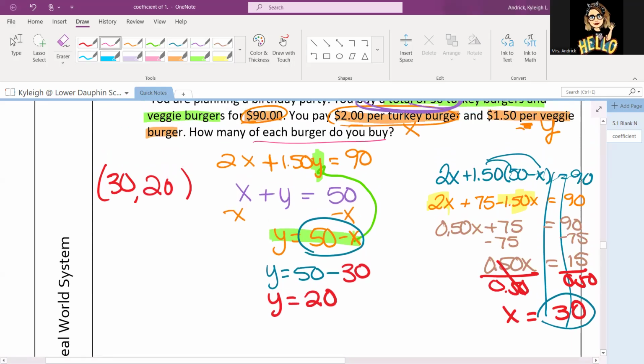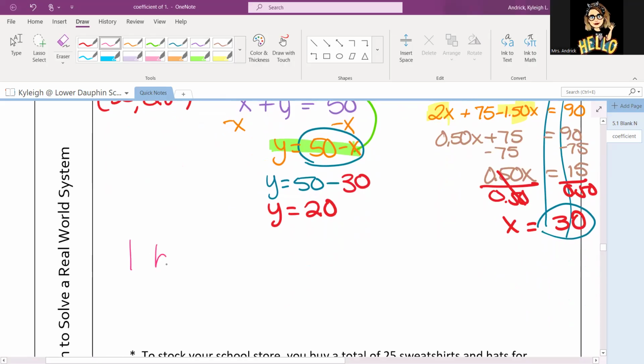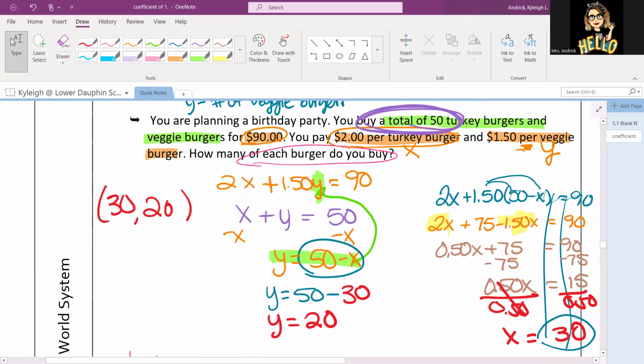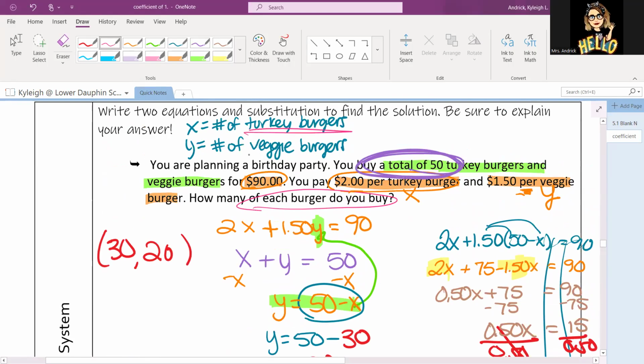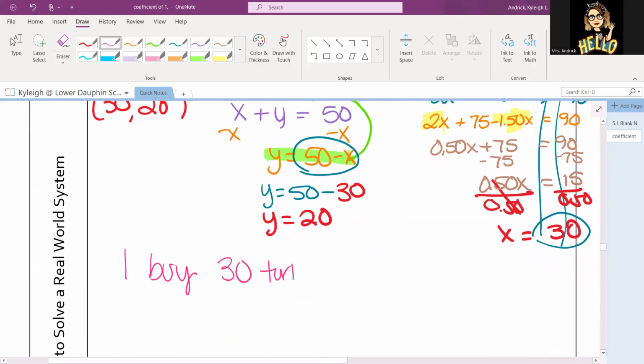So how many of each burger do you buy? I'm going to say I buy 30. Remember, x is turkey and y is veggie. So we're going to put those into words. I buy 30 turkey burgers and 20 veggie burgers.